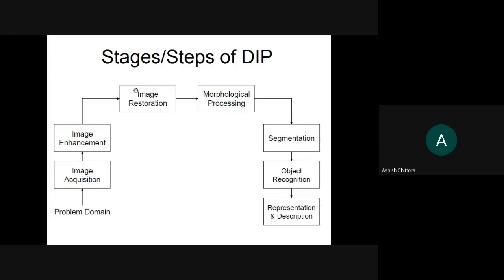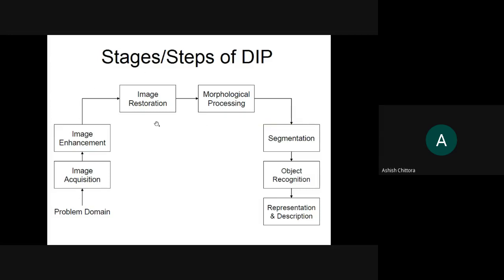Image restoration is a process where we try to recreate the model of noise by which the image is corrupted, and using the mathematical models of noise we try to inverse the operation. Inversing the operation means we are removing the noise or restoring the original image, which was stored in a memory or transmitted on a communication channel. So the original image we have to restore. That is the process we will study in image restoration. Then morphological processing is the next step where we will.